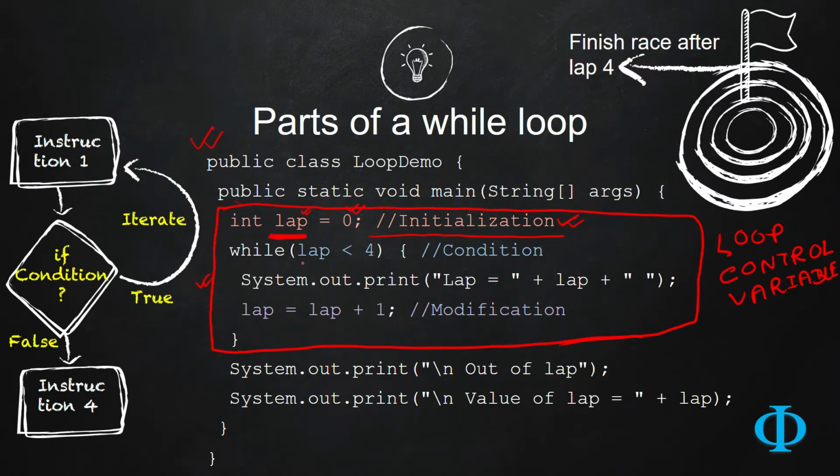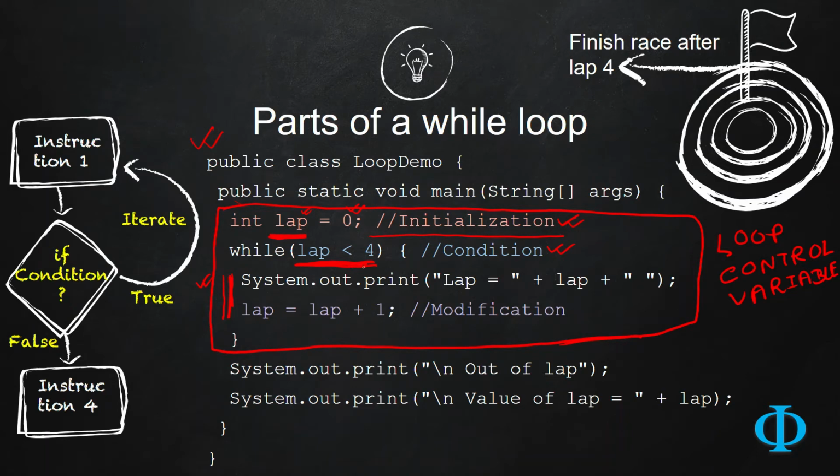The next part is the condition. That is, how long should the while loop iterate? What should be the condition, based on the truth value of which the lines inside this while loop will keep on executing.